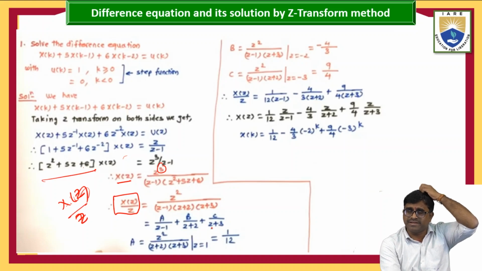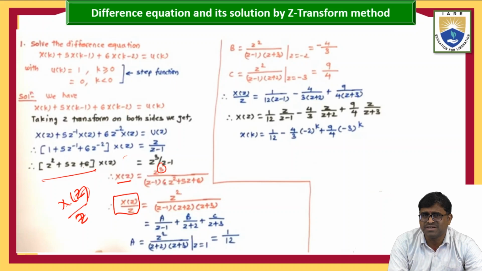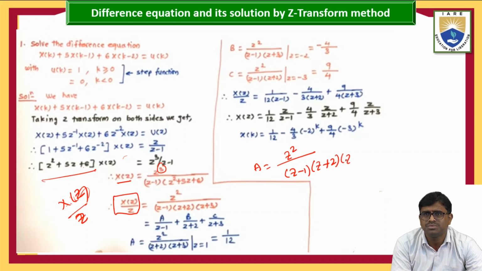If you want the a value, first write the total function, z square by (z minus 1)(z plus 2)(z plus 3), then cover the denominator term z minus 1.